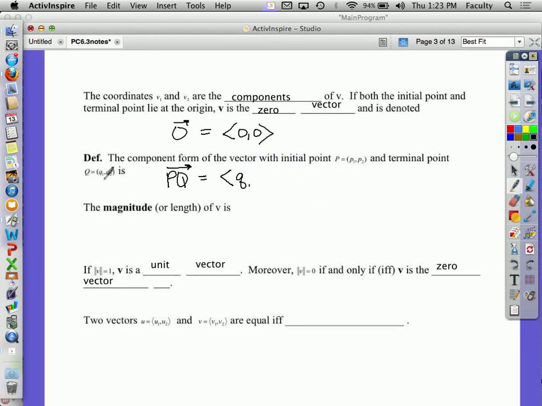So you would take q sub 1 minus p sub 1, comma, q sub 2 minus p sub 2. And when you subtract, it's going to give you a component value v sub 1, comma, v sub 2.